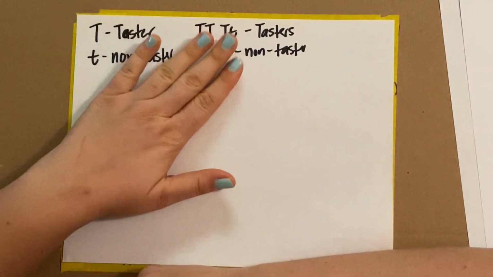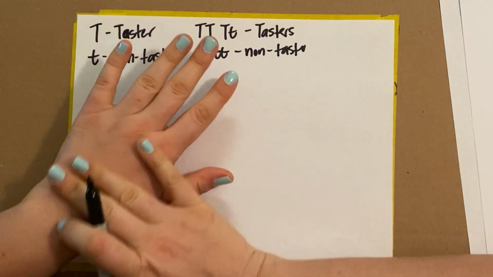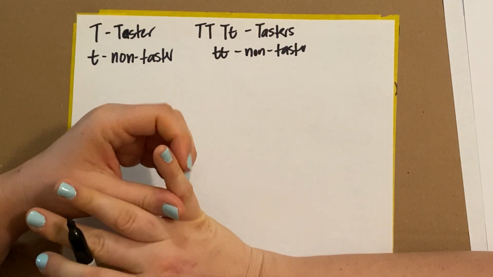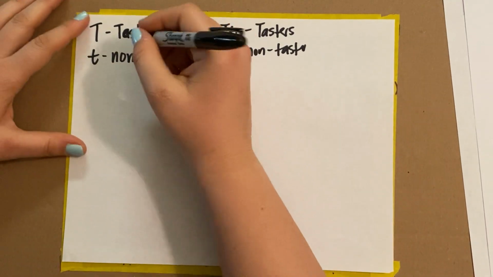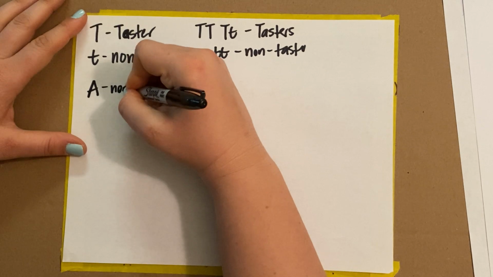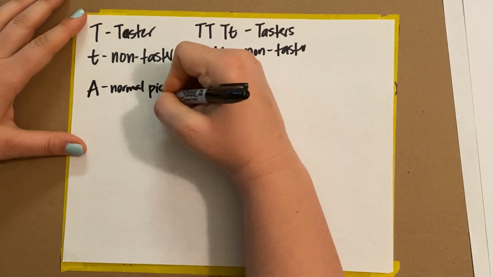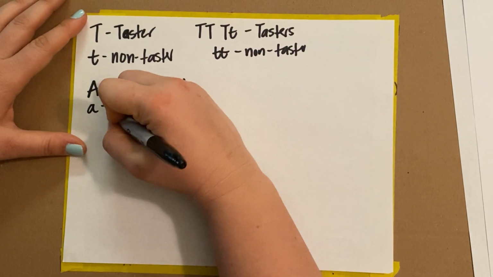Okay, so that's the first part. Then there's the second part that talks about albinism, which is being albino. Okay, so people that lack pigment in their skin. So albinism is also a single locus trait, and normal pigment is dominant. So this is going to be normal pigment. And the recessive is going to be albino.